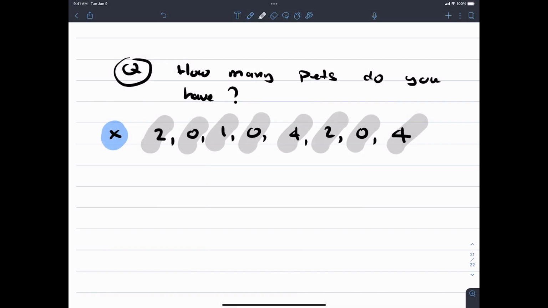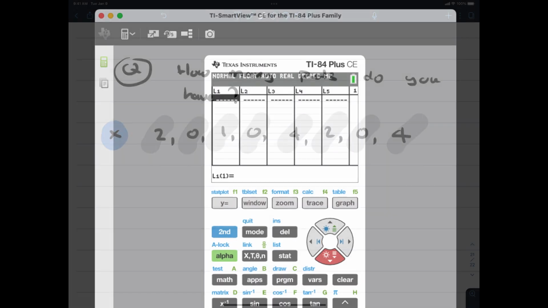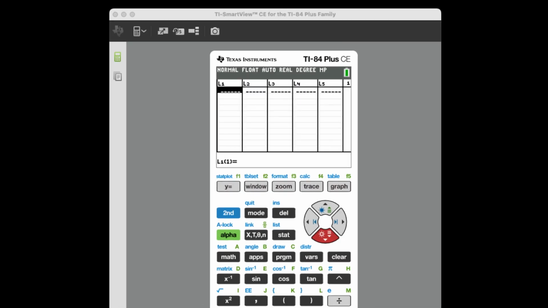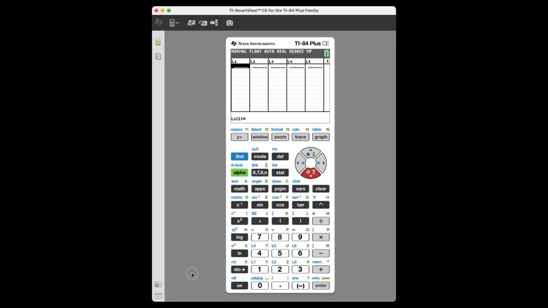All right, what are we going to do? We're going to enter this what? Data. Okay, first data value. So I'm going to actually scroll out because I think at first people have to see every detail, right? 2, what? Enter. You guys okay with that? 0, what?